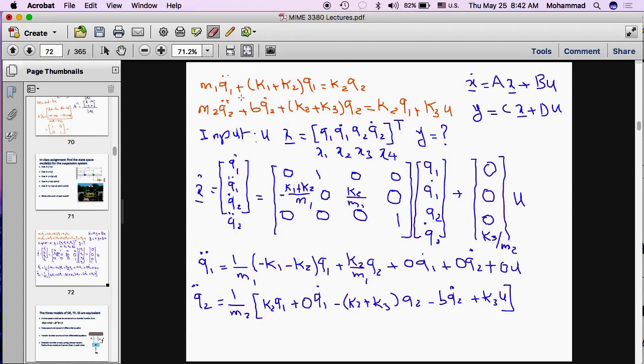The first question, what goes first is what is multiplied by Q1, which is what? It is K2 divided by M2.